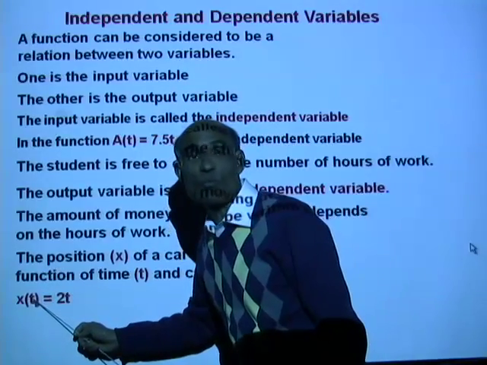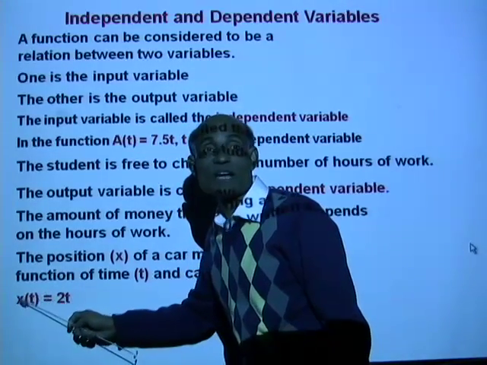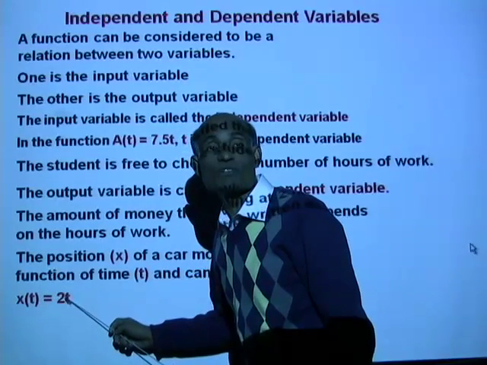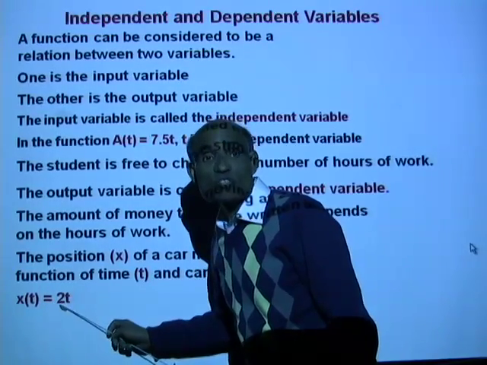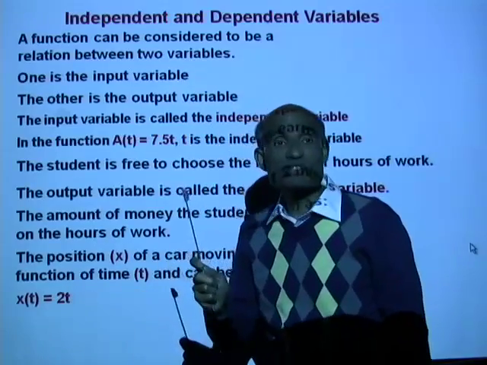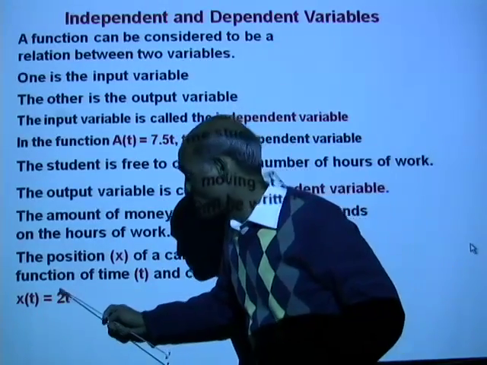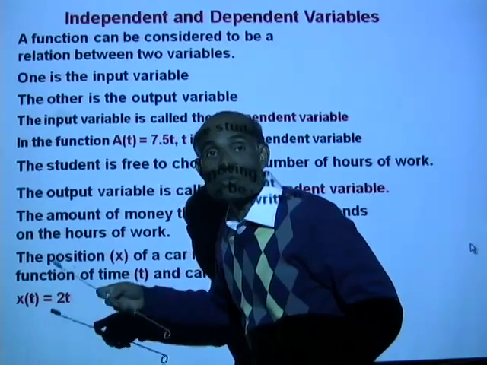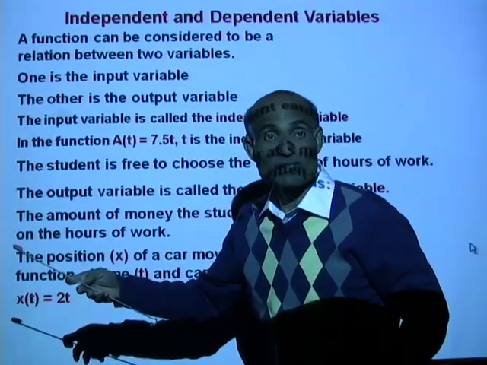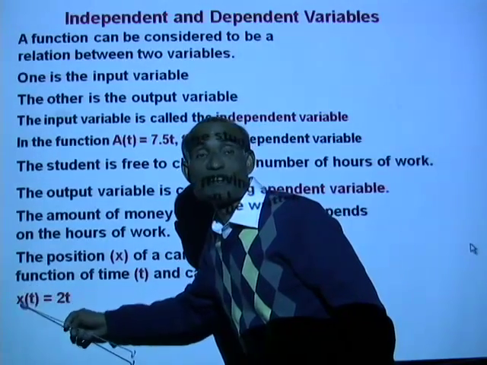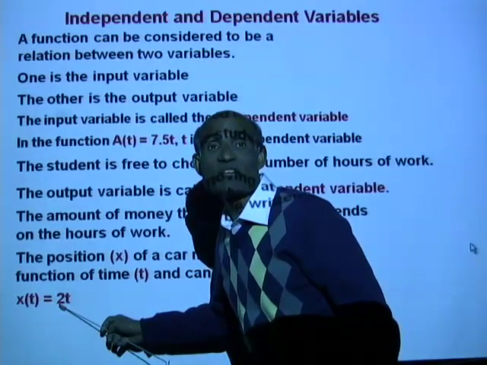You have x of 1 equal to 2 meters, x of 2 equal to 4 meters, x of 3 equal to 6 meters. Each time t changes by 1 second, x will change by 2 meters, and therefore this 2 is the rate of change. Is that right? Each time the input changes by 1 unit, the output will change by 2 units.